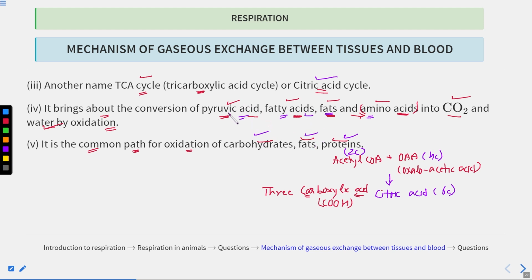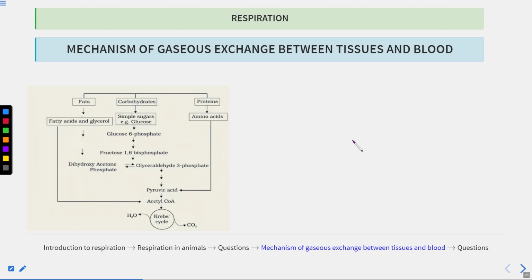Pyruvic acid is obtained from glucose, which is a carbohydrate. So we can say that the Krebs cycle is a common pathway for oxidation of carbohydrates, fats, as well as proteins. Clear? So this is an image showing you that the Krebs cycle is a common pathway for carbohydrates, fats, as well as proteins.